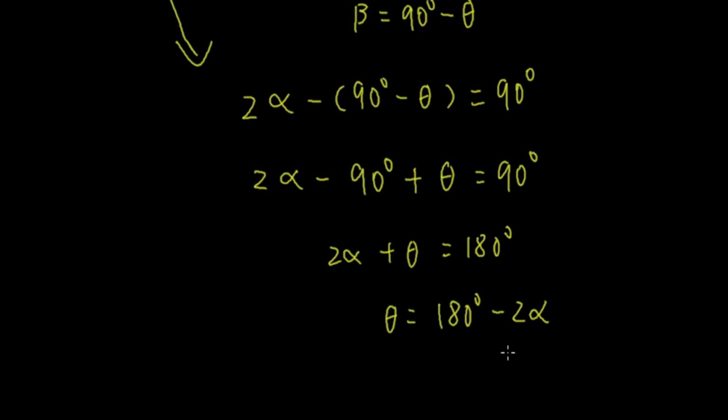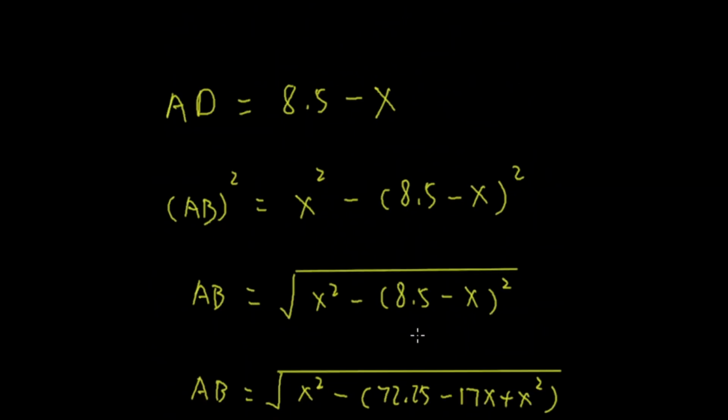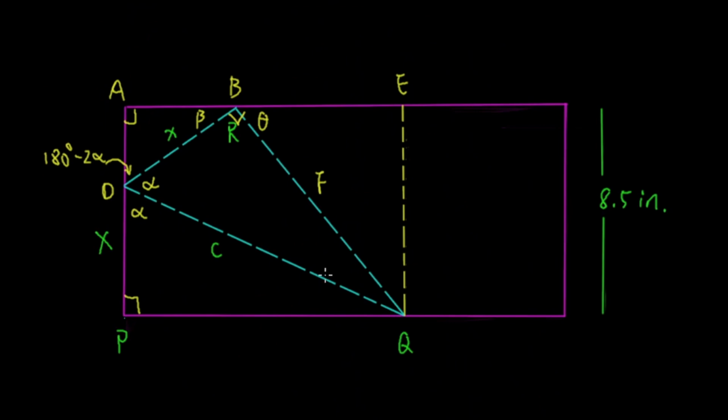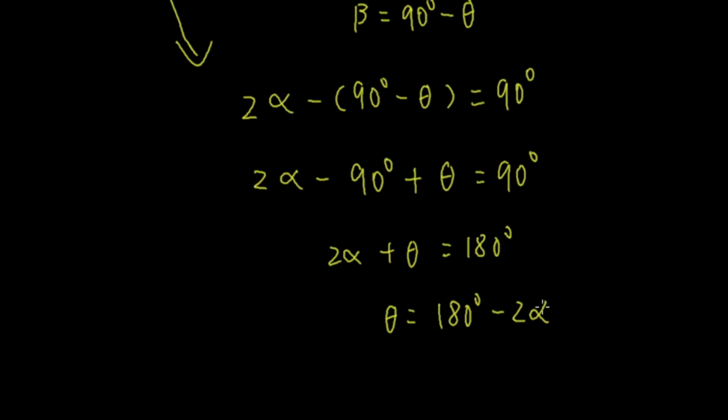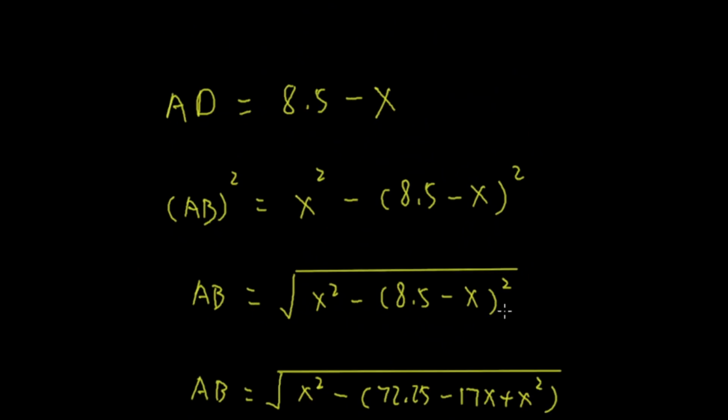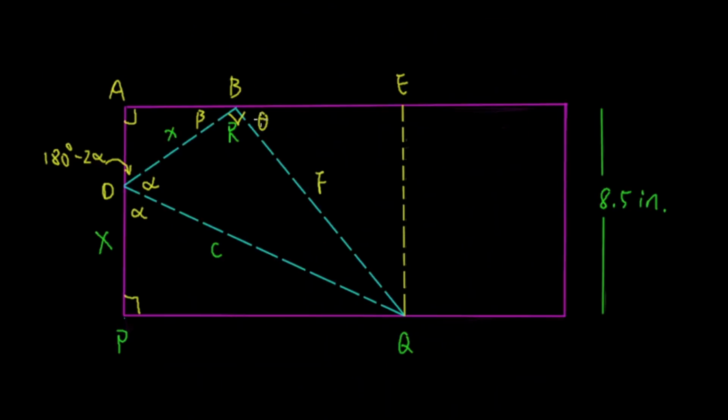Okay, so this theta here is the same as this angle here, right? This angle here is 180 degrees minus 2 alpha. And we calculate that theta is also equal to 180 degrees minus 2 alpha. Okay, so if this is theta, this is also theta, right?